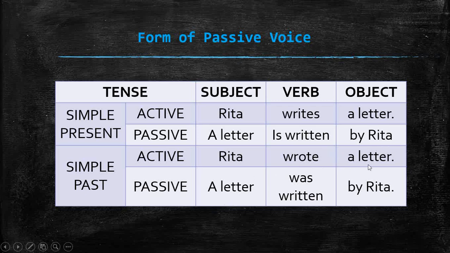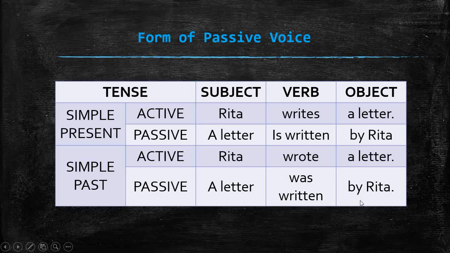The object becomes the subject. First, a letter, then we have to put the verb to be, but in past simple because the active sentence is in past simple. So a letter was, and the main verb in past participle, written.